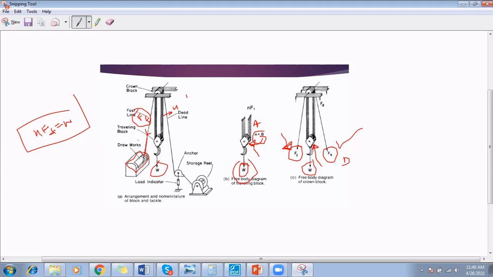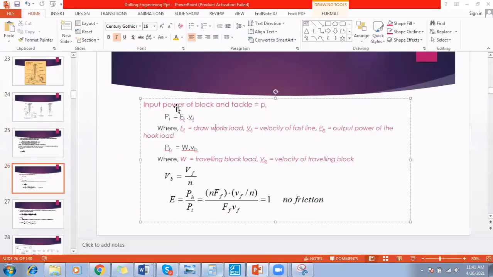So this whole tension is actually applied on the draw work as well. So you can see this on this image, and you can call this the load imposed on draw work. So FF is also called the load imposed on draw work.